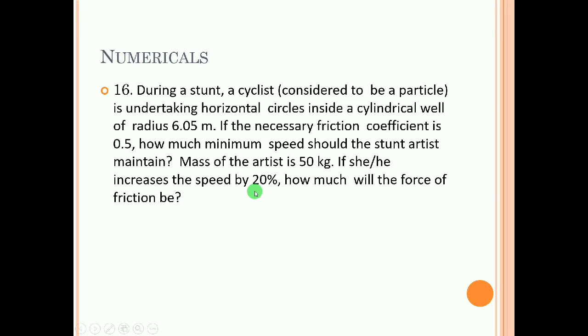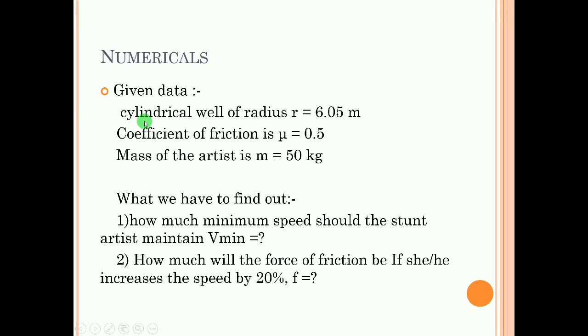You have to determine first the minimum speed, and then if the velocity increases by 20%, you will determine the force of friction. So given: cylindrical well of radius r equal to 6.05 meter, coefficient of friction mu equal to 0.5, mass of artist M equal to 50 kg.